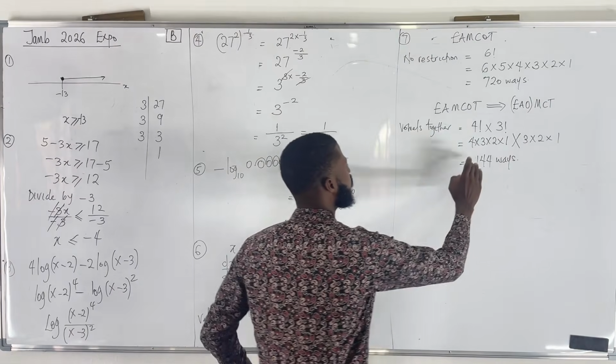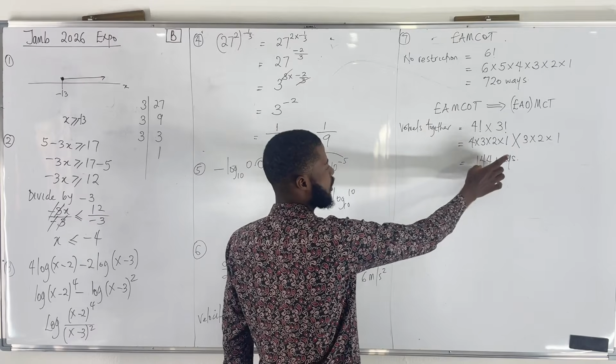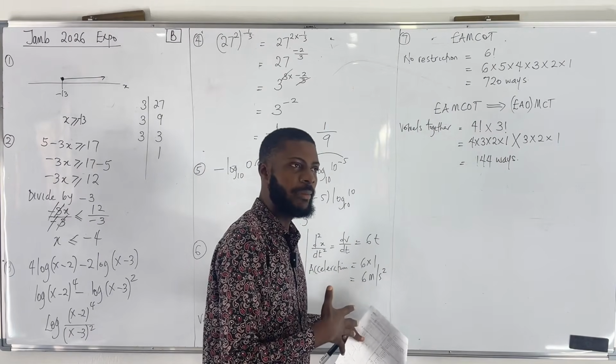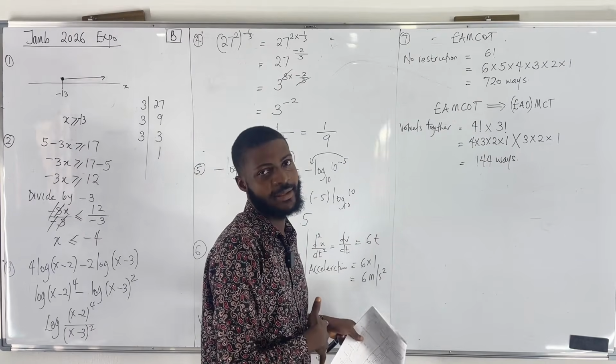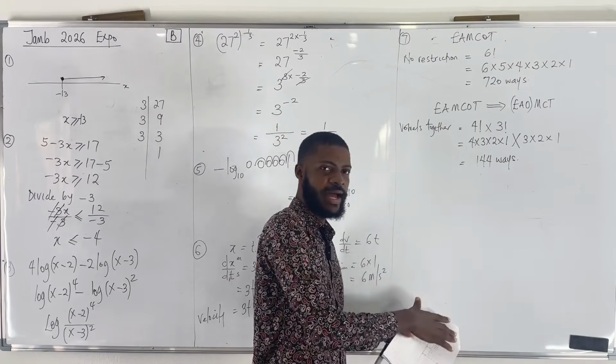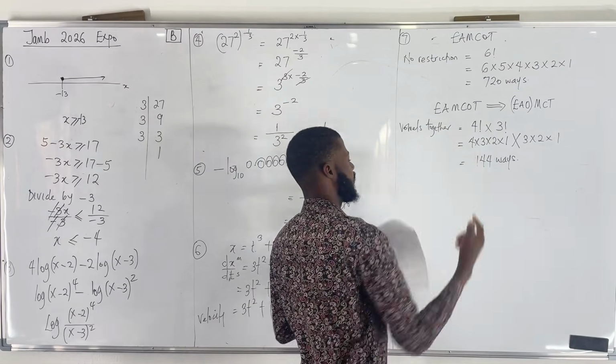What you have to do is to subtract this. If the vowels have to be together, this is the number of ways. When you take it away from the total, you find how many times the vowels will not be together. It's very simple: in this word, the vowels are either together or not together. So to get not together, you always do this minus this.